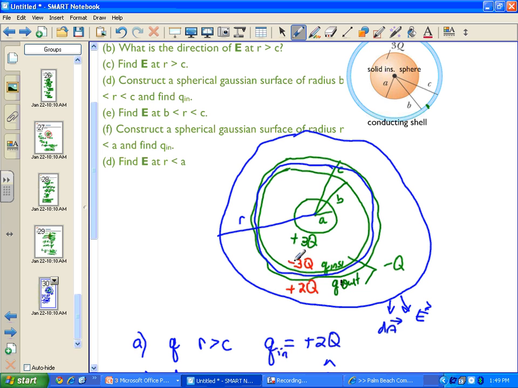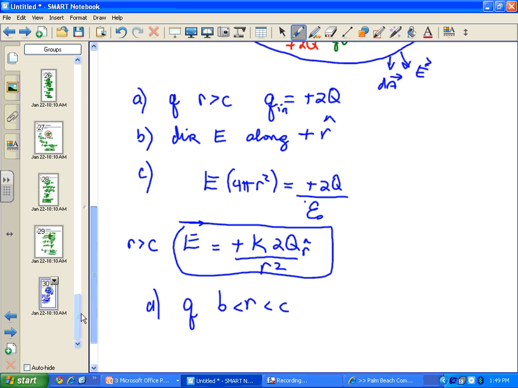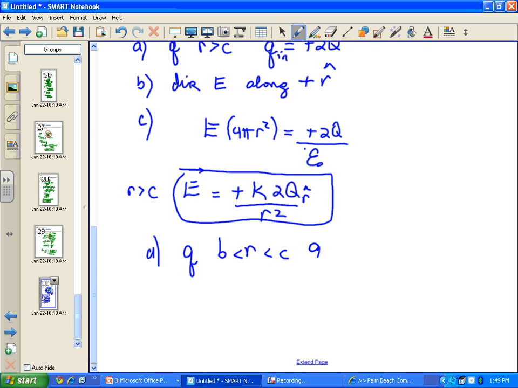But look what this tells us: if we confine ourselves to what is within this blue line, which is our Gaussian surface with radius r, we have plus 3Q minus 3Q, which gives Q inside equal to 0. Therefore, the electric field must be 0.